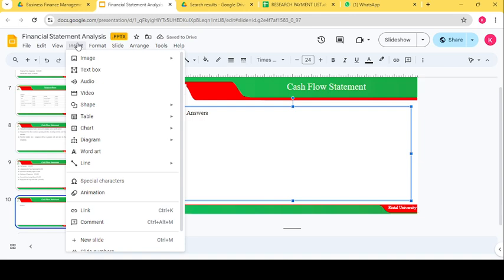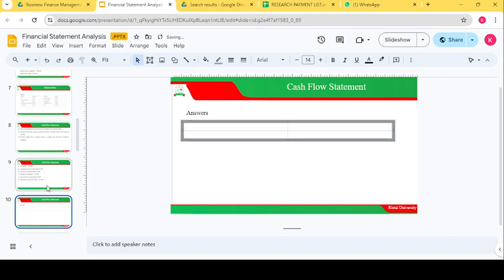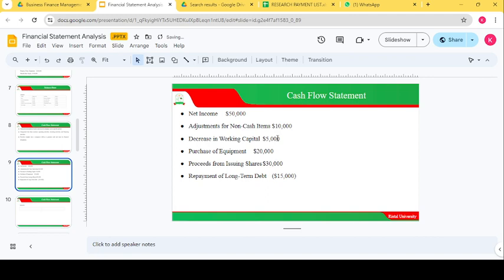Let's insert the table. Let me just put 2 here. So here we need to identify which ones fall under operating activities, investing activities, as well as financing activities.